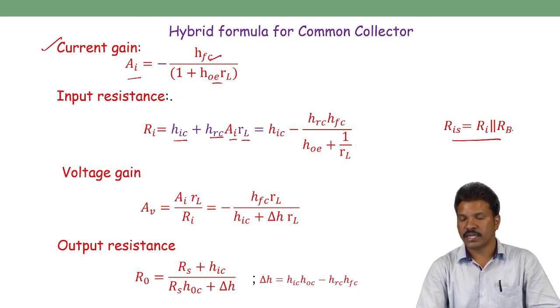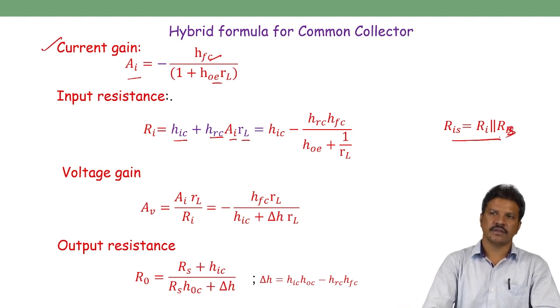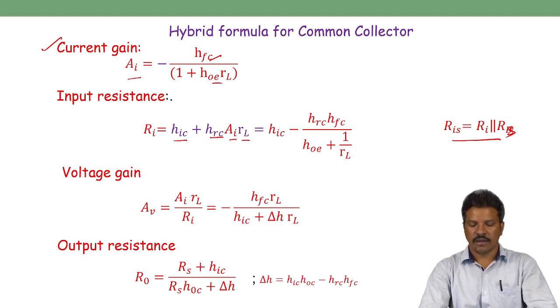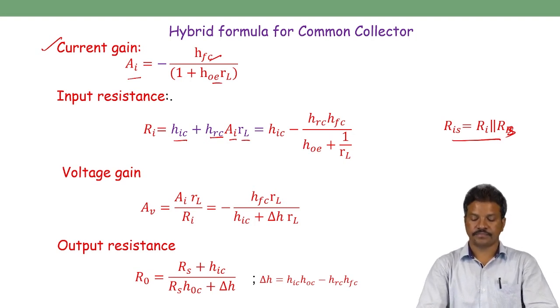And consider the total stage input resistance of the entire stage. So RIS is equal to RI in parallel with the biasing resistor and the source resistor RS. Then we can calculate this.